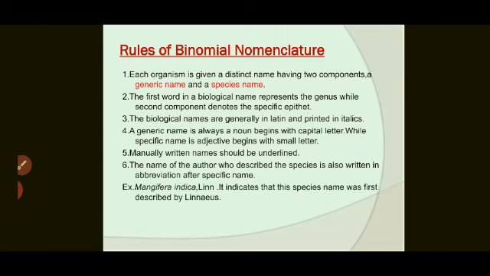To quote an example: Mangifera indica Linn. Since Linnaeus has discovered it, the name is given as Mangifera indica, and in abbreviation Linn is given. It indicates that this species name was first described by Linnaeus, and in this manner the name is written.